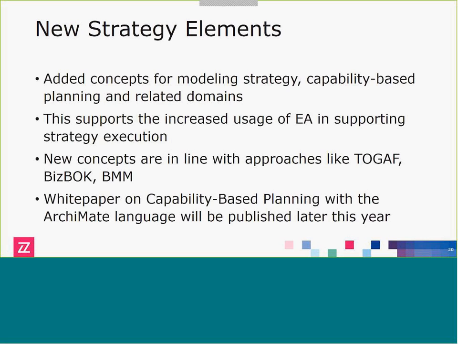Their capability concept, just to name one, is really closely aligned with the one in ArchiMate. Or the business innovation model, which has a concept called course of action for modeling strategies and tactics. We have that now in ArchiMate. So those were the approaches that we looked closely at. We didn't want to reinvent the wheel. We took concepts from existing methods, approaches, languages, and linked them to what we have in ArchiMate. From capability-based planning, forthcoming, we will provide more detail on how this works in practice.